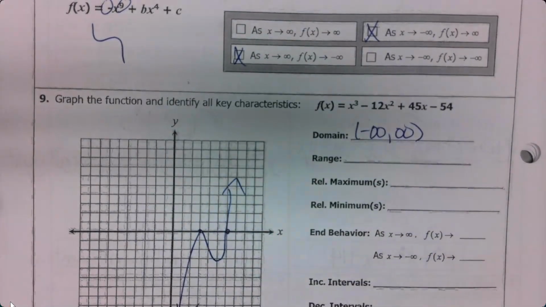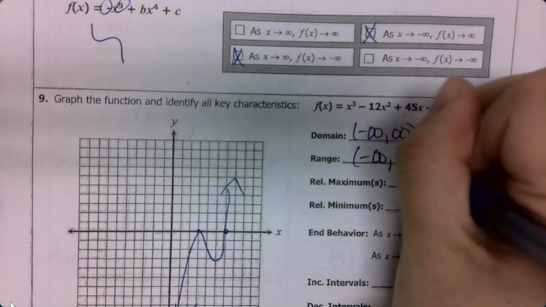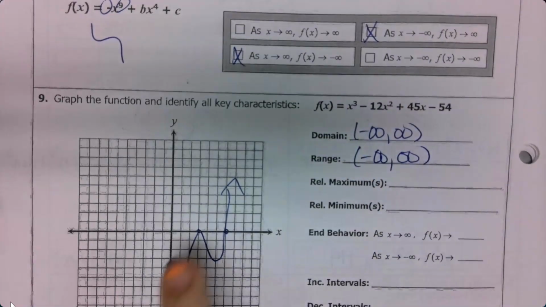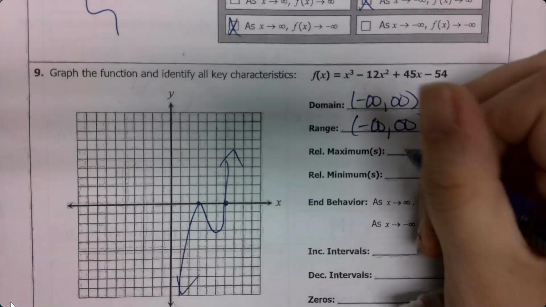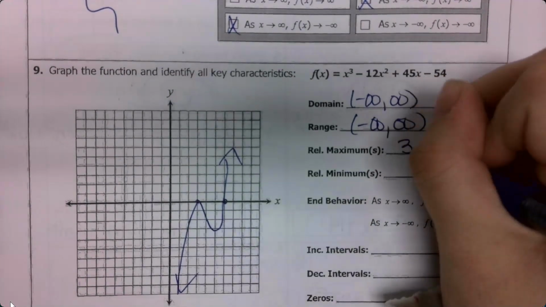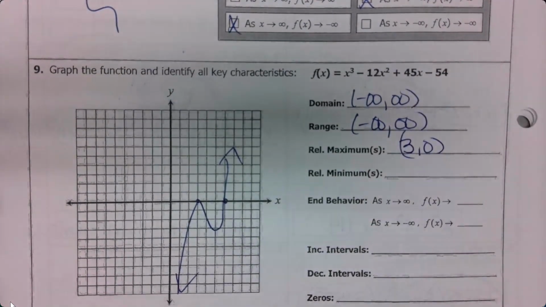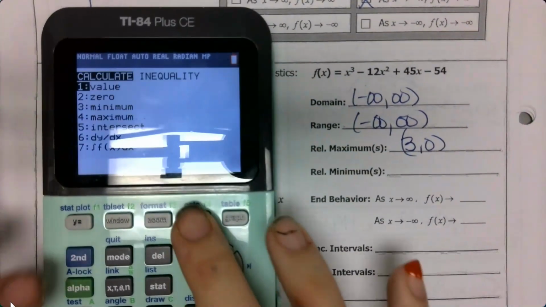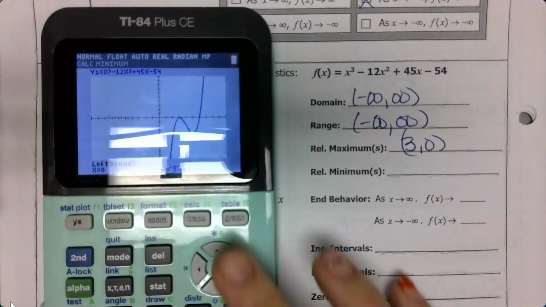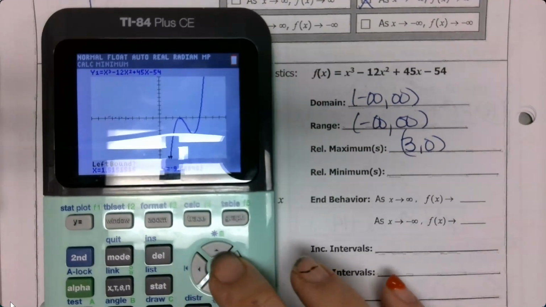So my range, it goes up and down forever. This is negative infinity to infinity. My relative max is right here. That is 3, 0. And then my relative min, to find this on the calculator, I can go second trace, min. Same thing on how I found that 0 earlier.